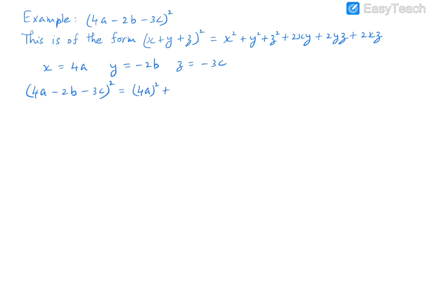plus y is minus 2b, so it's (−2b) the whole square, plus z squared, so z is minus 3c, and z squared is (−3c) the whole square.